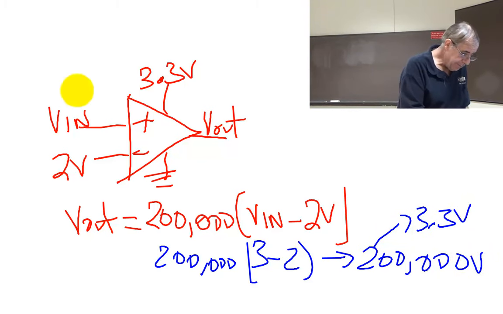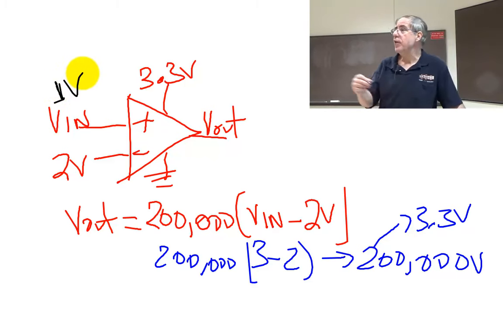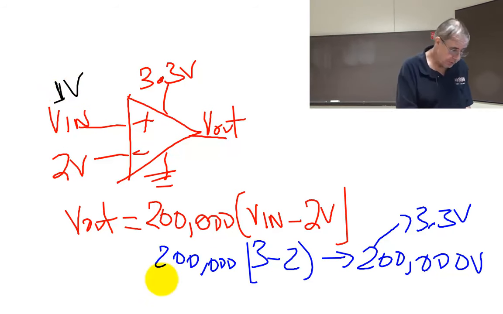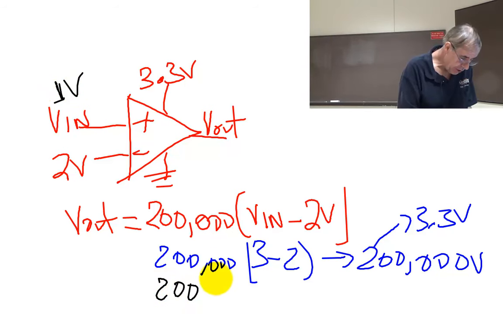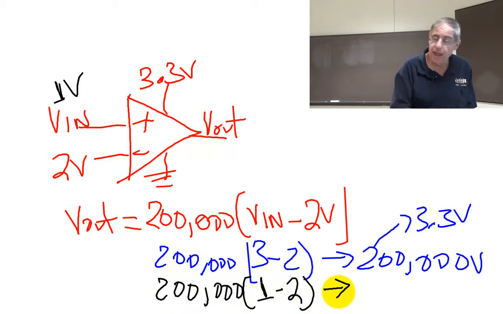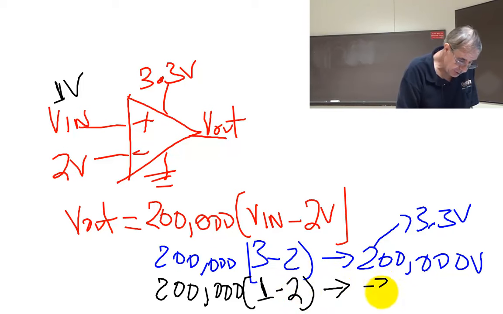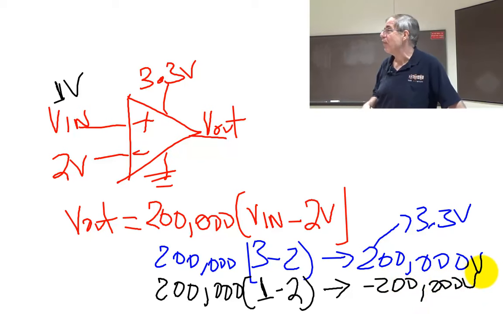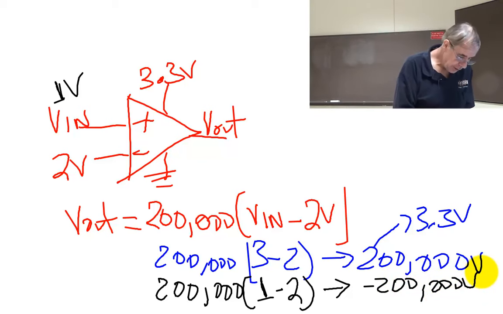Similarly, what happens if the input were 1 volt? And now we're trying to generate this waveform. It's going to try to get to 200,000 volts. It's not going to get there. How far is it going to go? It's going to go down to 0.